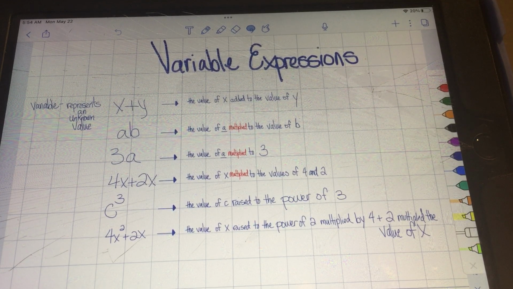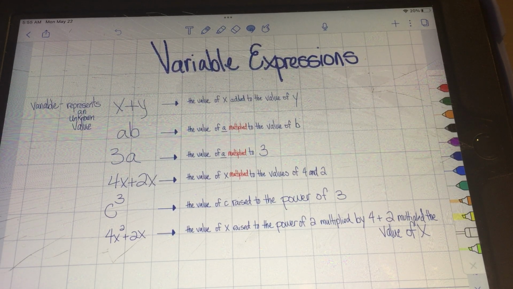In our last expression, we have 4 being multiplied by x that is being raised to the second power, and then added to the number 2, which is also being multiplied to x. I want to keep in mind that we make sure we're following our order of operations.